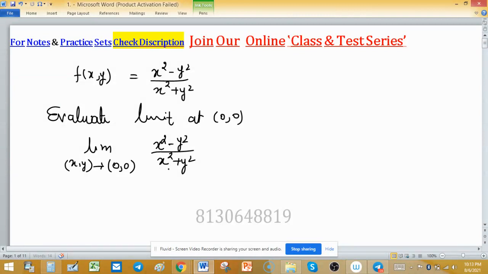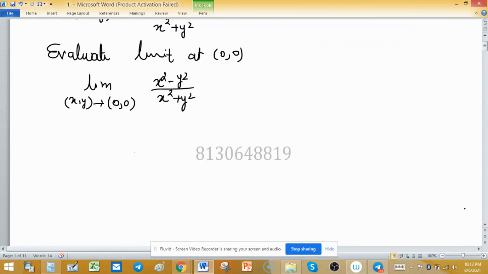If we see two paths giving different limits, then we can easily say the limit of this function, or any function, does not exist.